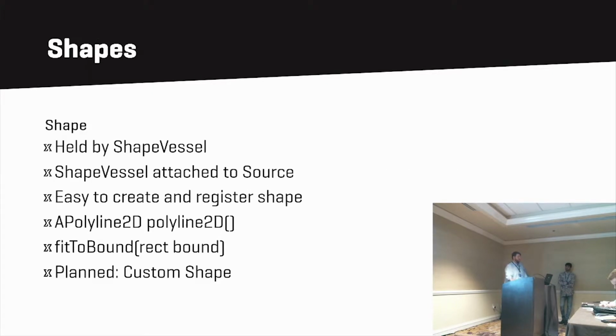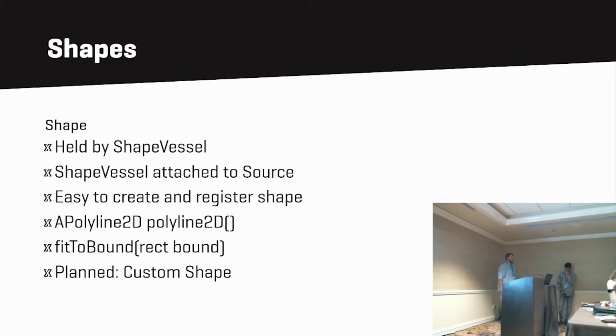We also have shapes, as I said. They are held by a shape vessel, which is attached to the source. It's easy to create and register a shape. Most of the work that's done in a shape is done in a method called polyline 2D. And basically what we need you to return there is just a polyline 2D which defines the shape.